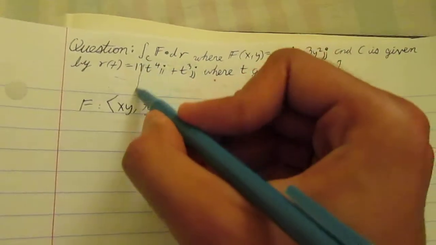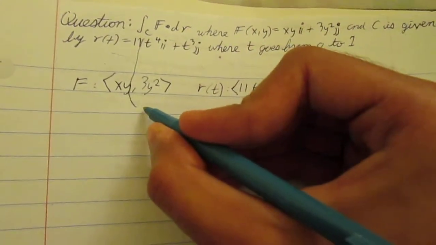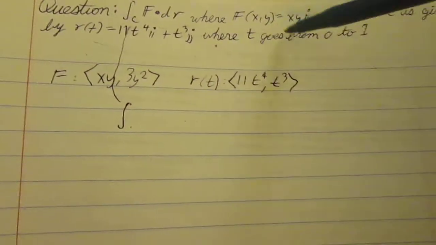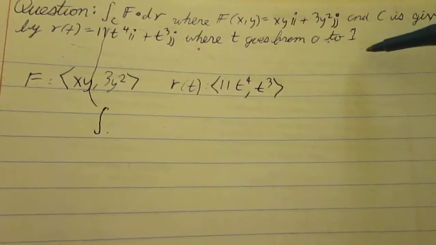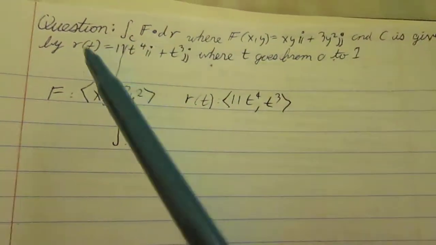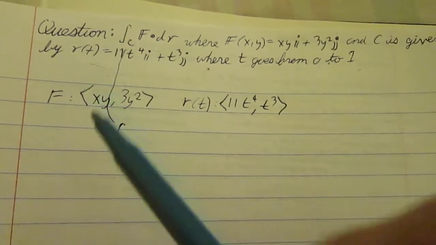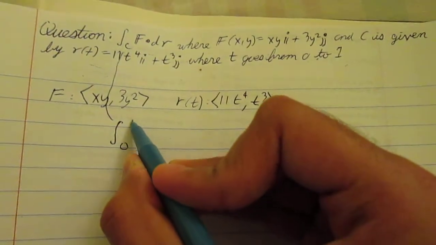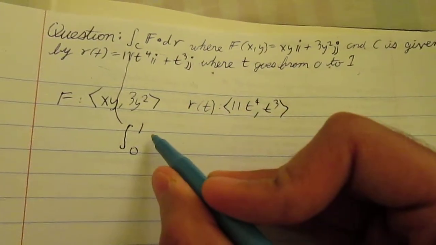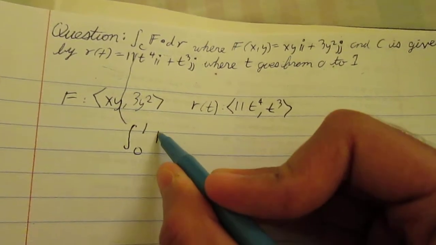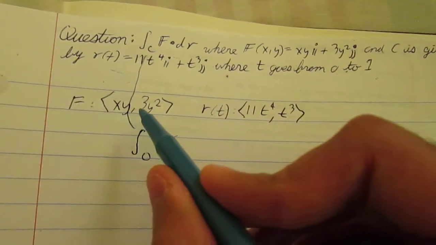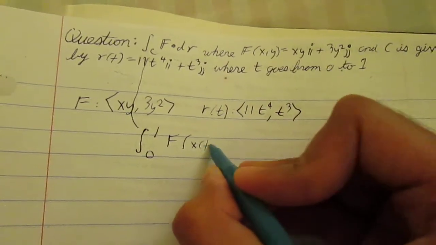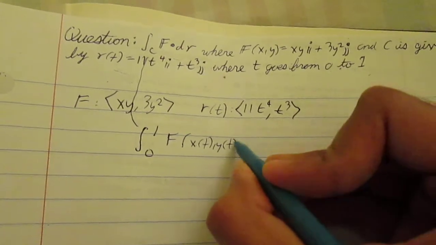Now this integral here is equal to, so if you look at t, it goes from 0 to 1, that's our curve. We start at r of 0, and we follow this curve all the way to r of 1. Those are going to be our bounds. We're going to integrate with respect to t, so from 0 to 1. Now we want to take our function, but we want to plug in x of t and y of t.